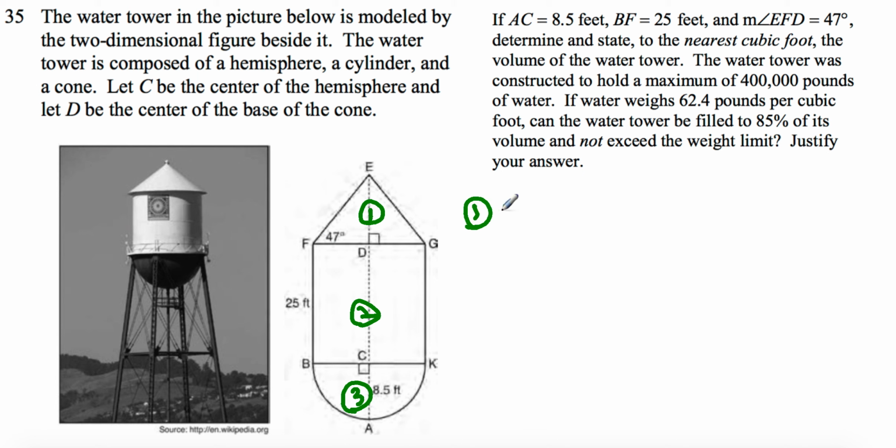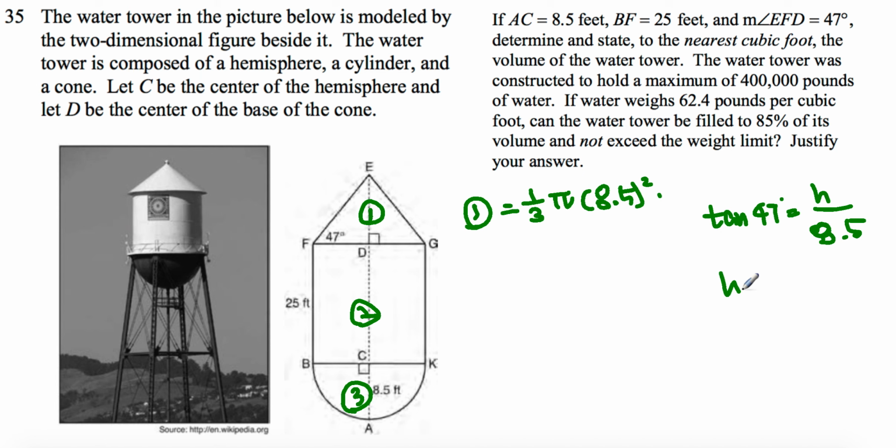To find 1, we have to get 1/3 because it's a cone. Pi r squared, where r is equal to 8.5, times the height. In order for you to figure out the height, I can use the tangent of 47. So tangent of 47 degrees must be equal to h, which is this one, the height, over 8.5.